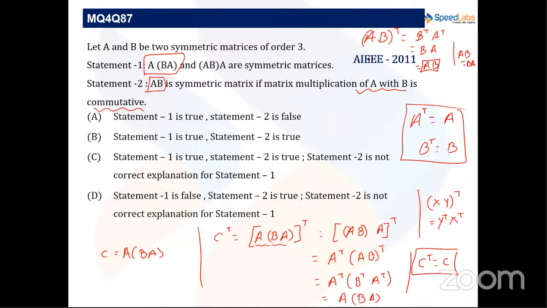So yes, this statement is true. So we can see that statement 1 and statement 2 both are true. So the correct option is option B.